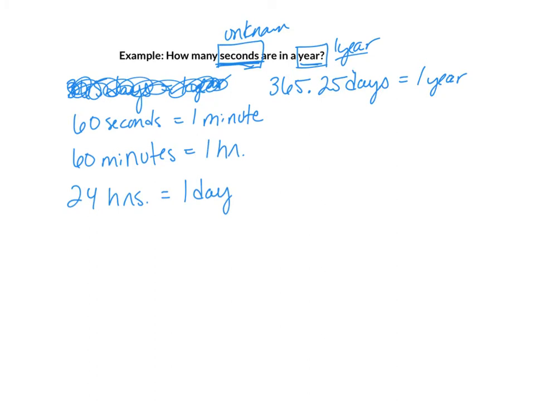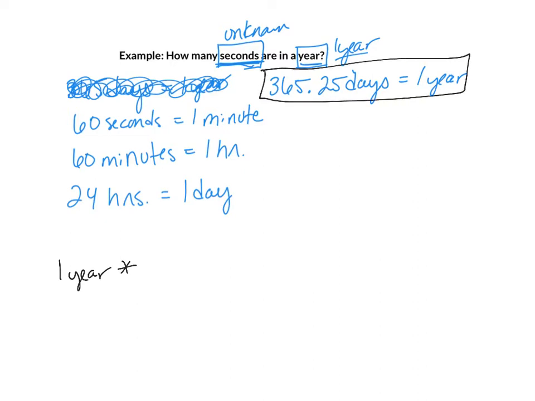So let's go on down here, and I'm going to change pen colors, and let's start this problem. So I start with 1 year, and I look for something that is going to give me out of the year and into something else. Well, guess what? I've got this.